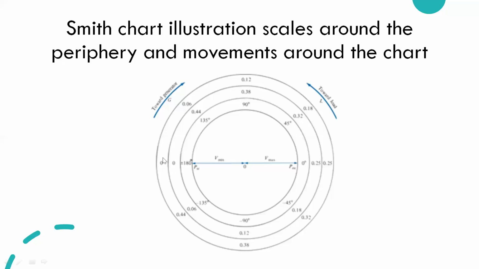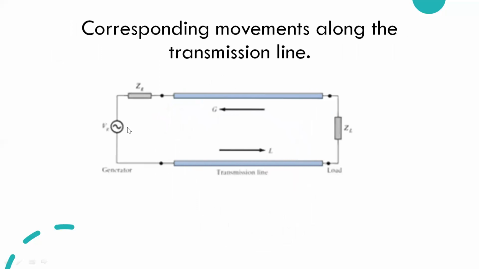Similarly, the outermost periphery of the third circle is towards the generator. If you want to move towards the generator with respect to the wave, one rotation equals 0.5. So 2 full rotations, which is equal to lambda, is totally 720 degrees.